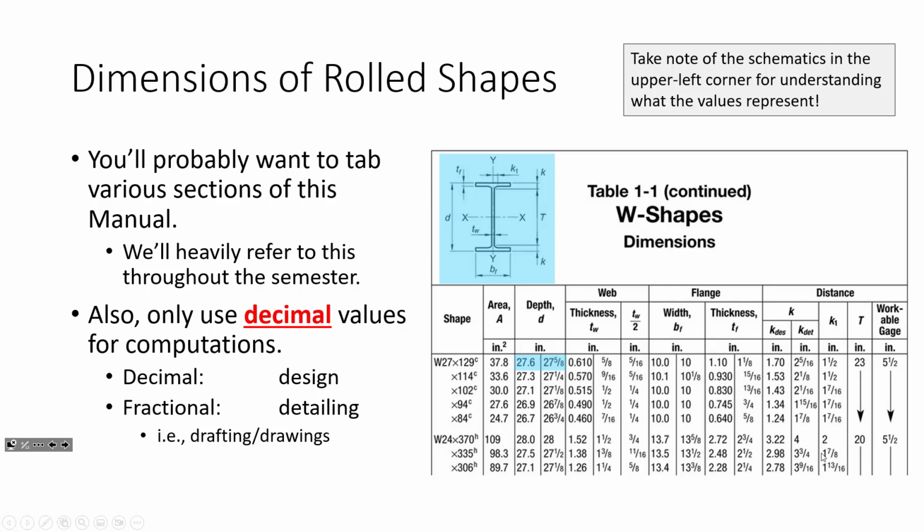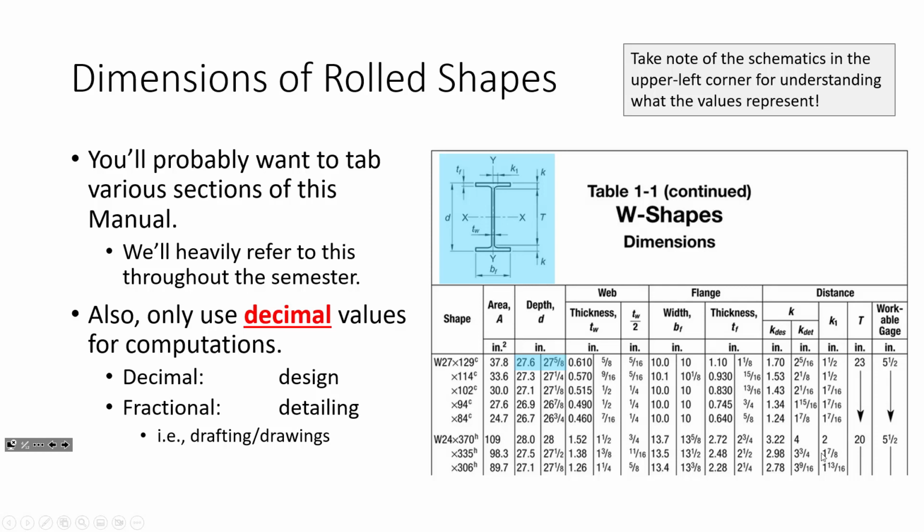There will always be two reported dimension values, and the reason they're reported that way is because of their context. 27.6 in this case is the value that you use for design computations. The fractional values are what you use for detailing, in other words, drawing, drafting, things like that.